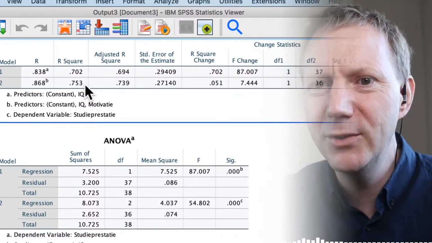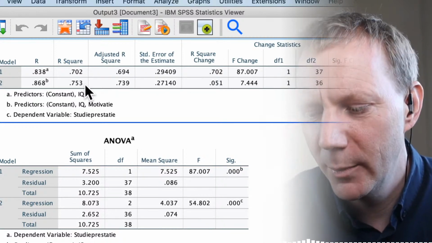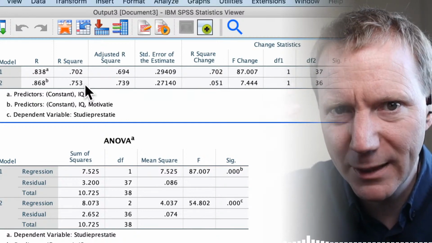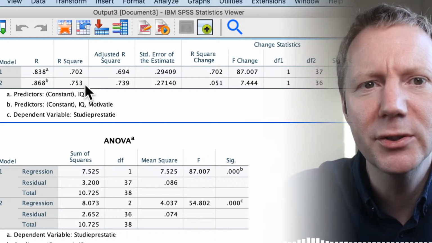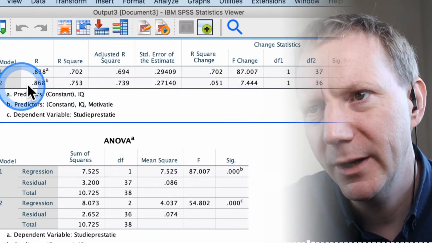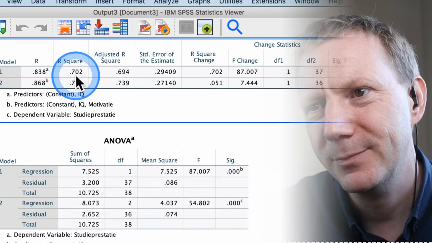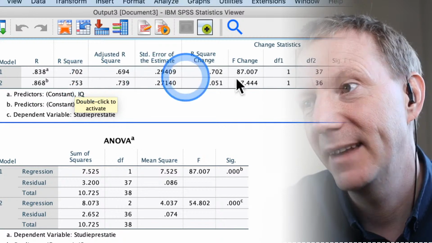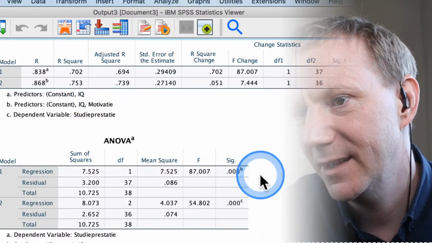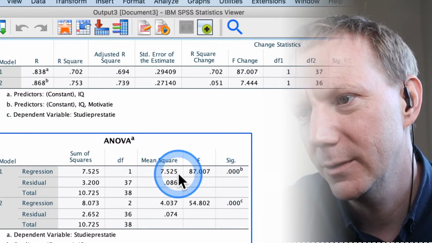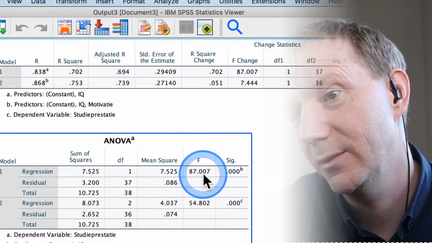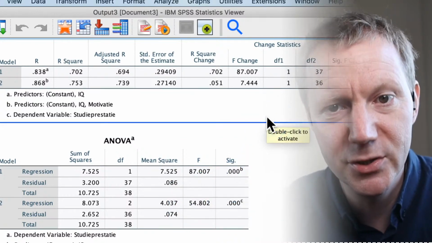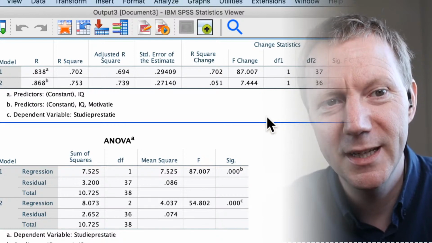So we won't go into how exactly this happens. It also tells you that only looking at the fact that this percentage of explained variance is more than that, and that the difference is significant, doesn't mean that it gives you a better model, because this signal to noise ratio is much higher than that one. So you have to tie in these factors to determine which one is the best.